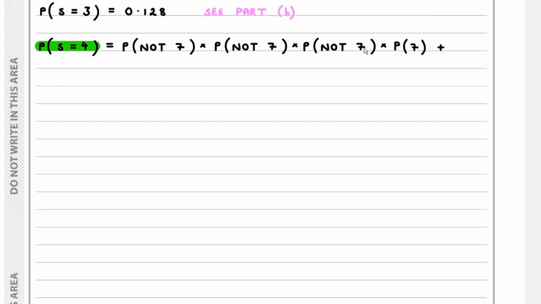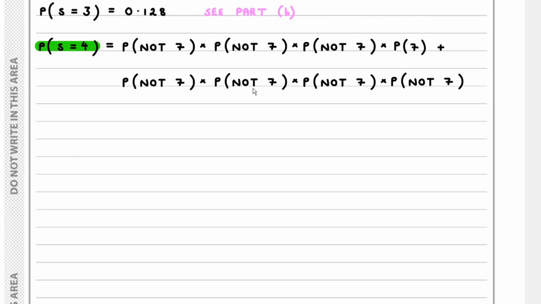Or we could not get a 7 in the first three spins, and not get a 7 in the fourth spin, and then we stop. So there's two different ways we could stop. Not getting a 7 in the first 3 spins, but getting a 7 in the fourth spin, or not getting a 7 in all of the 4 spins.